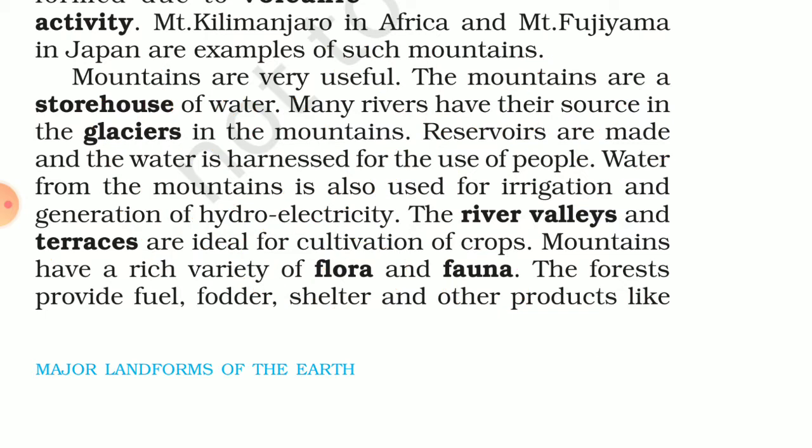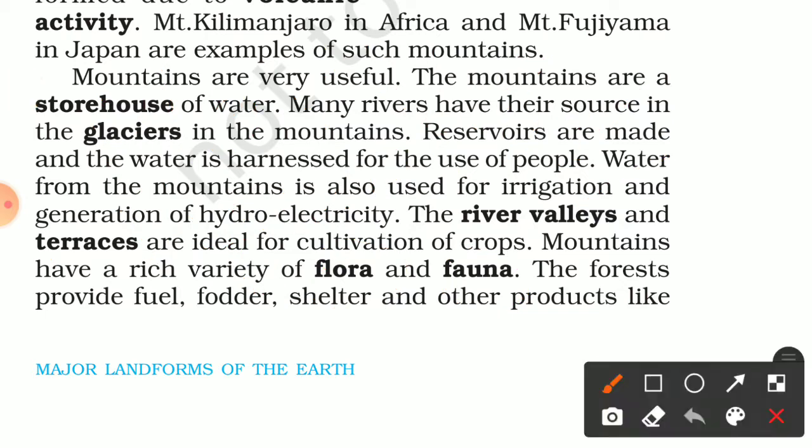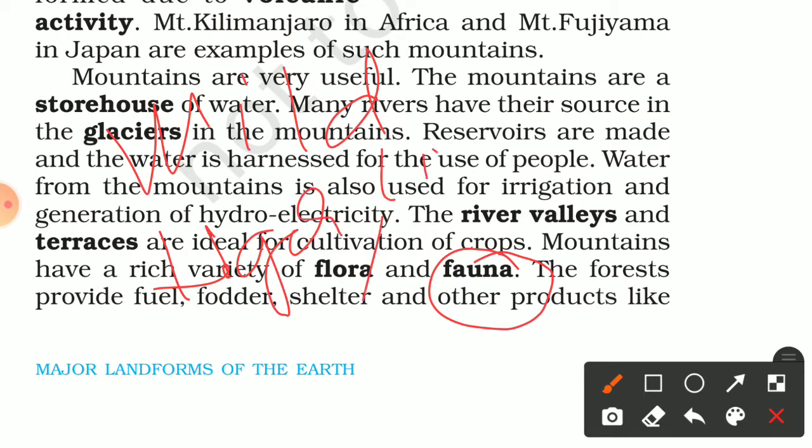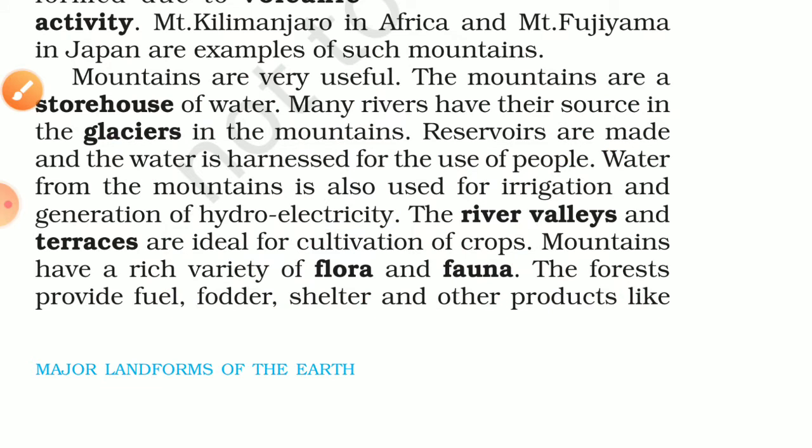The second thing, fauna, means animals. There are wild animals like tiger, lion, and elephant. There are variations in climate, and you will see a variety of wild animals as well as natural vegetation.